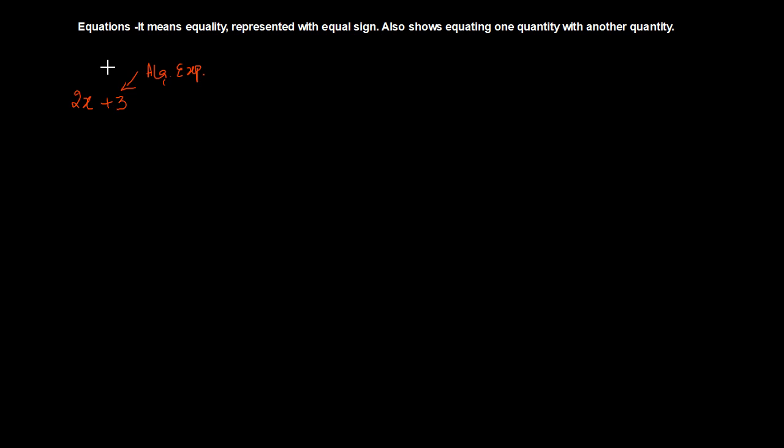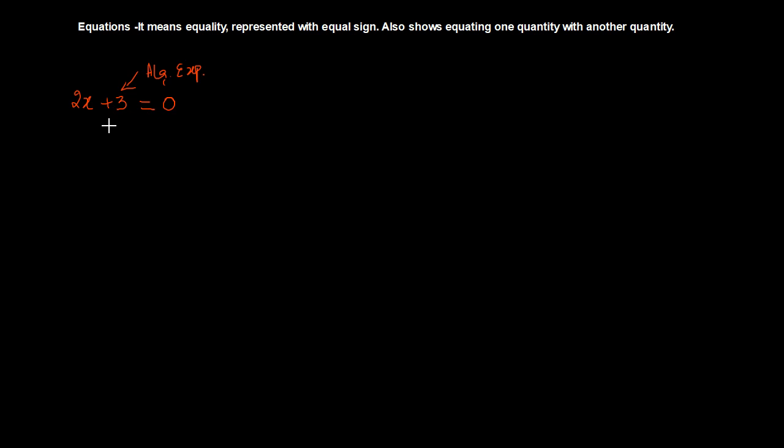So what is an equation? Looking at the definition, it means equality. I'm equating that expression to something else with an equal sign. So if I use an equal sign, 2x plus 3 equals 0. It doesn't have to be 0, it can have any value. We'll look into different examples here.